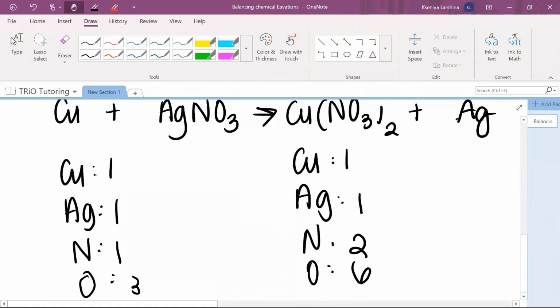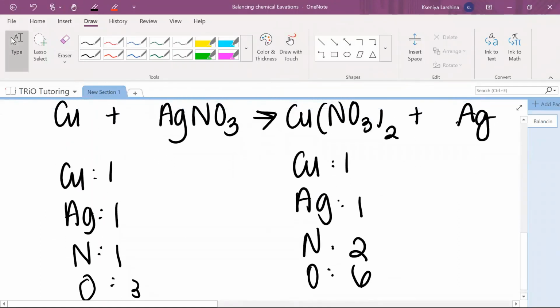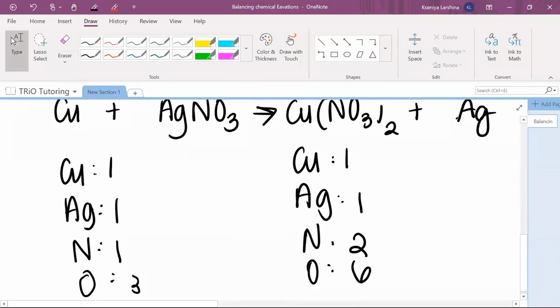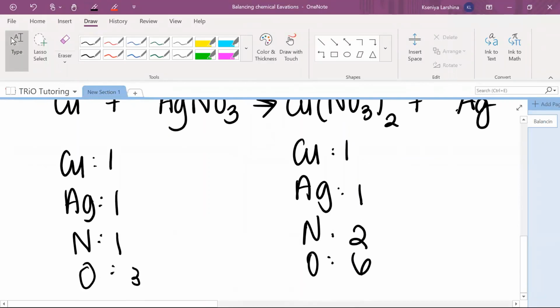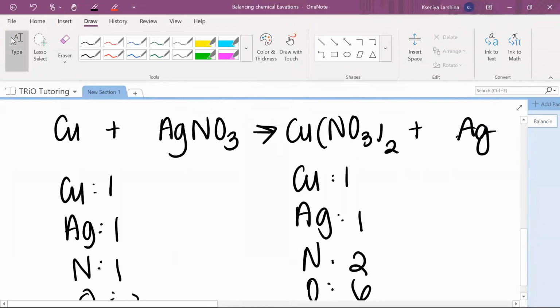So, okay, in this case, we have 2 nitrogens on our product side, and we need 2 more nitrogens on this side, and also 6 oxygens. The easiest way is to multiply by a 2 coefficient before our silver nitrate.